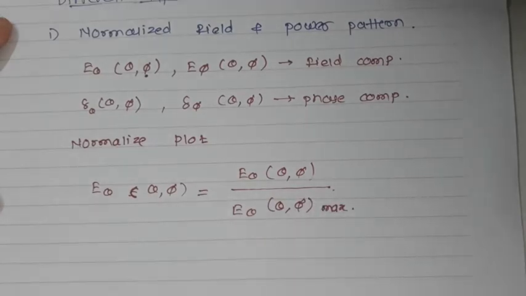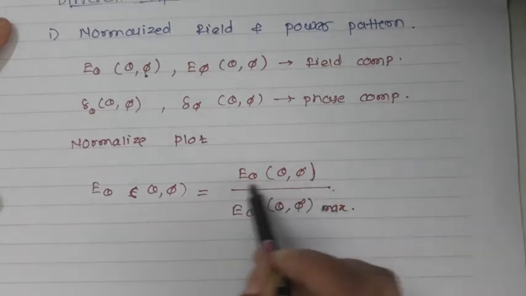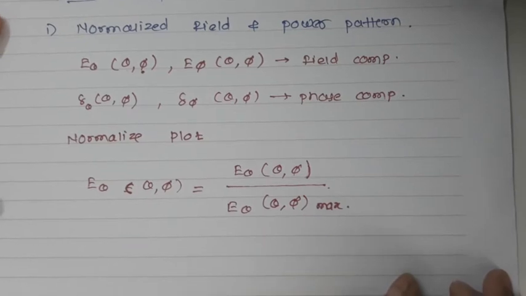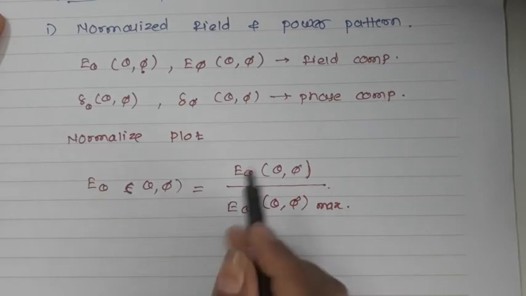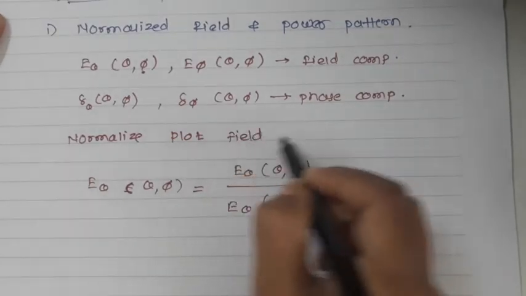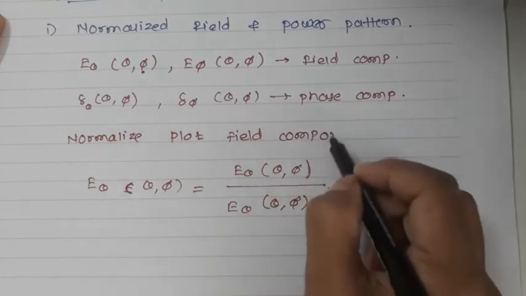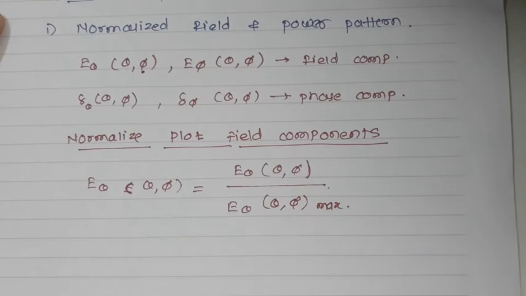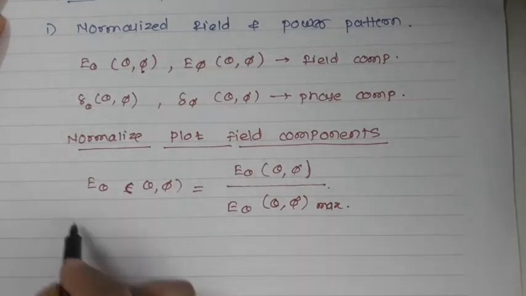So similarly, we can see how we have normalized it: the component which we have obtained is divided by the maximum component of that particular pattern or radiation. Now, this is the normalized plot for the field component. If I am talking about power, how can I draw the plot for power?